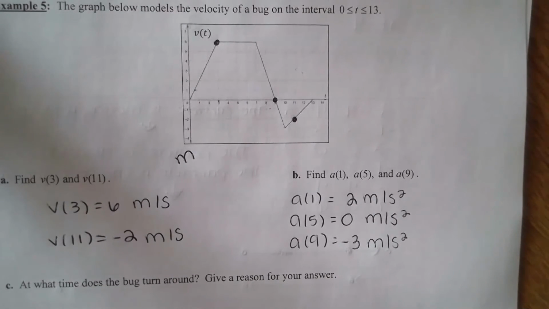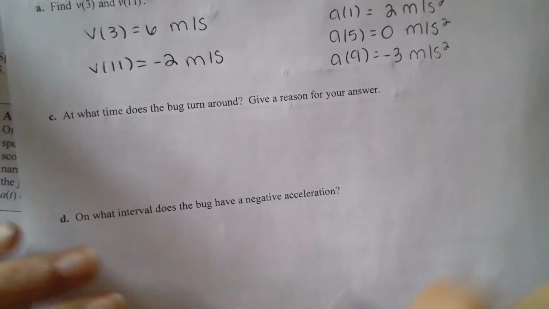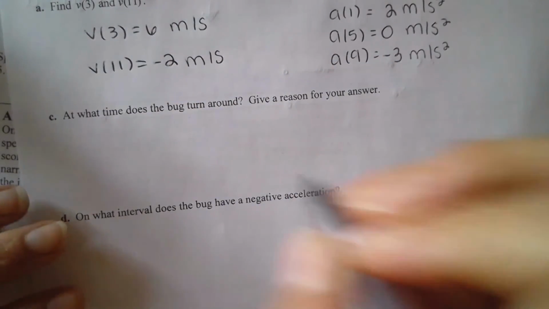So it all has to do with the fact that when does the bug change direction? It changes direction when the particle is stopped. Correct. So this goes back to the sign chart. And does it change signs at the 0? And if it does, it changes direction. Exactly.